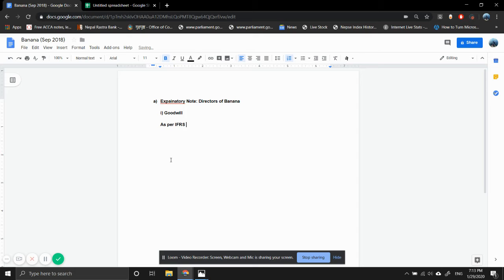As per IFRS 3 business combination, goodwill is calculated by, or goodwill is the difference, differential amount paid in excess of the entity's net assets.